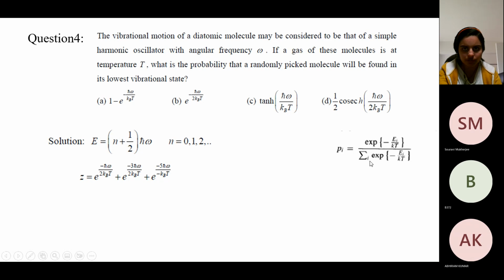This is what we did in this question. We wanted to find the probability that it is in a particular state. So if we go back to our question, what is the probability of being in the zeroth state?